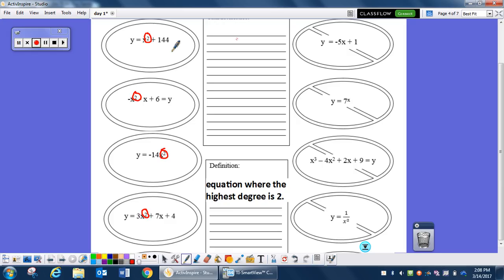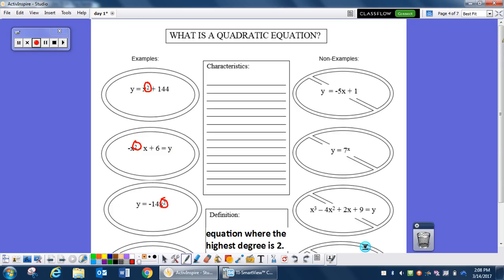You also want to make a note of what happens. So in here, a is 1, but here a is negative 1. Okay, we've talked about this before. If a is greater than 1, your parabola opens up. Okay, and that means you have a minimum.